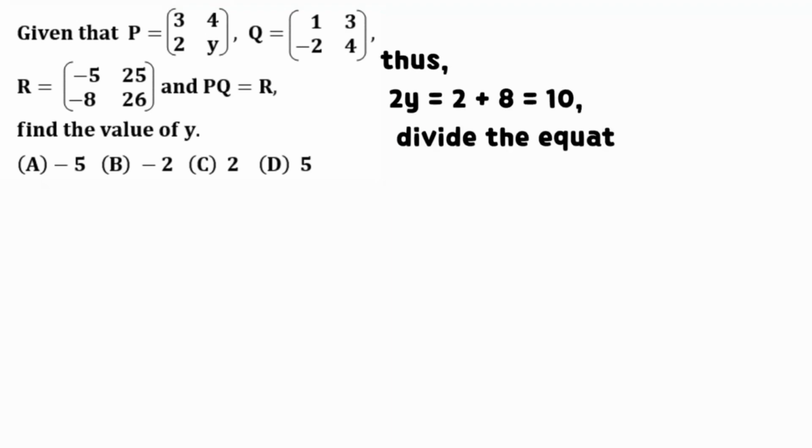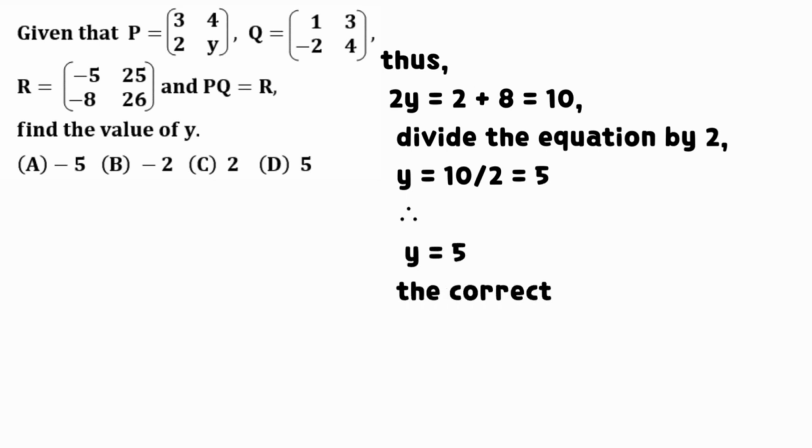Thus, 2 times y equals the sum of 2 and 8, which equals 10. Divide the equation by 2 and we have that y equals 10 divided by 2 equals 5. Therefore, y equals 5. The correct option is D.